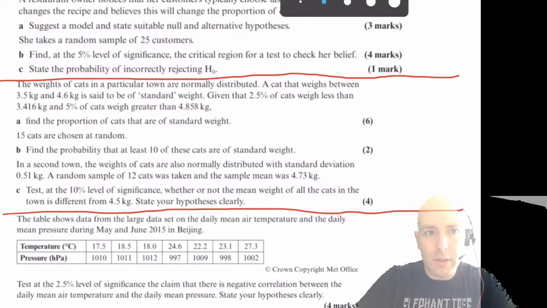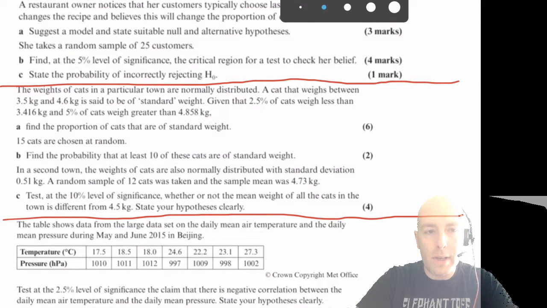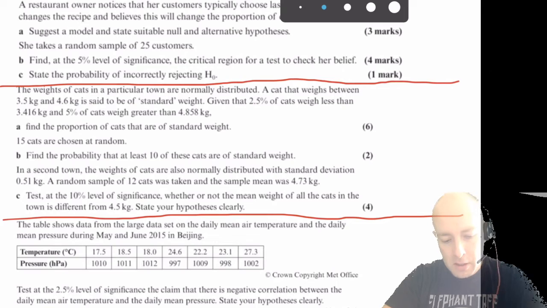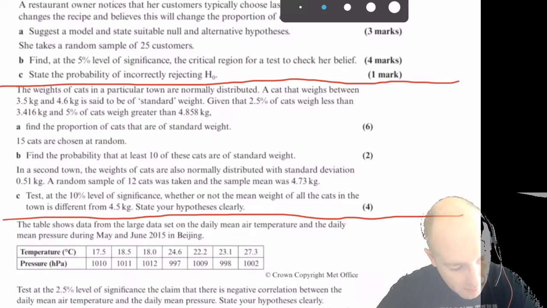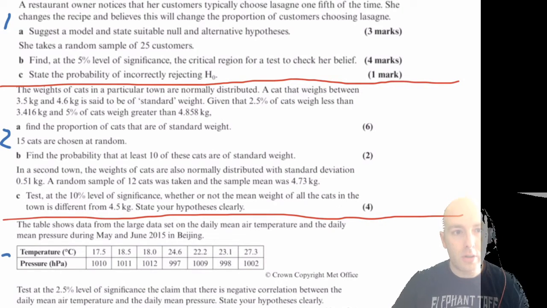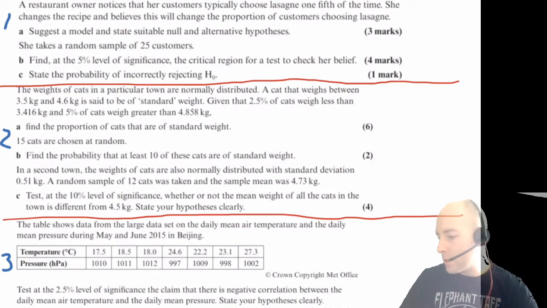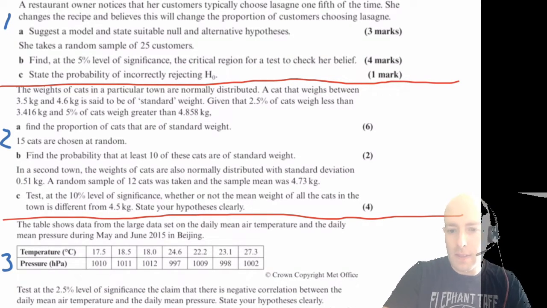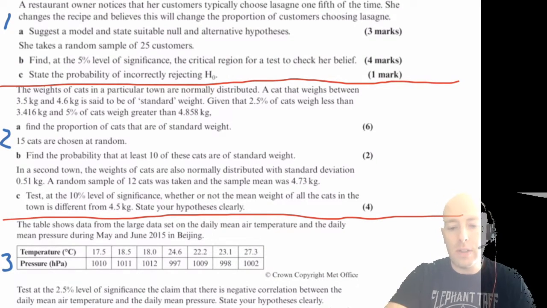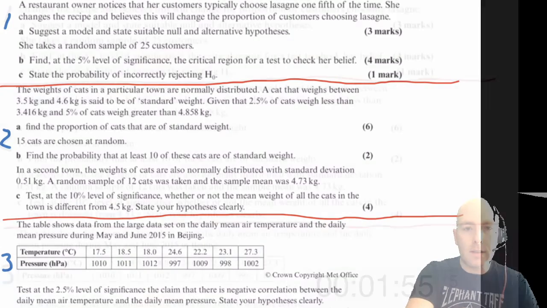I'd like you guys to read through these and decide which one you think is which hypothesis test, just to start you off thinking. So which test is which, numbered 1, 2, and 3. I'll give you 2 minutes to have a quick think about that. If you could type your answers in the box, that'd be brilliant.